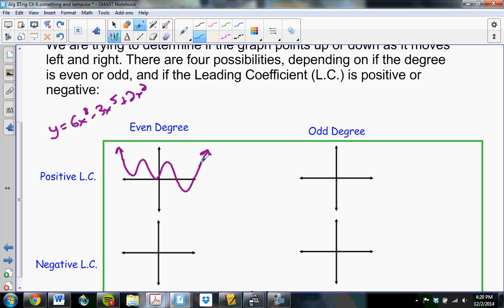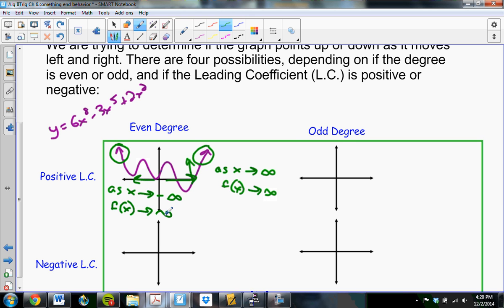Because what I'm really concerned with is this arrow on the right side will point up, and this arrow on the left side will point up. The way that we write this is we say as x goes to infinity, which means as the graph moves to the right, f of x is also going to infinity. The graph is pointing up. Over here, we would say as x goes to negative infinity, as the graph goes really, really left, f of x is also going to positive infinity.